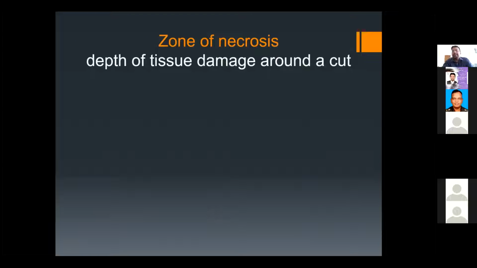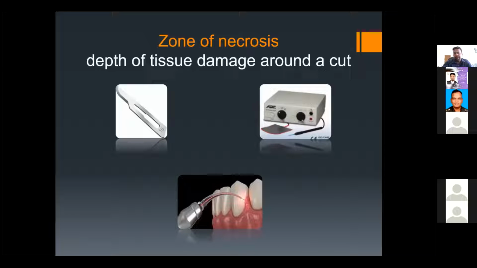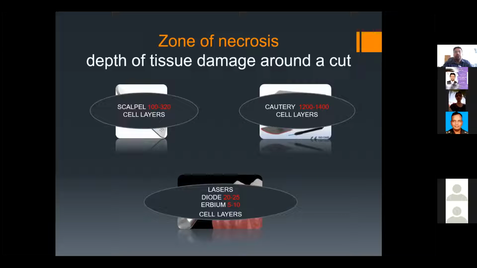Now let's see the zone of necrosis or depth of tissue damage around the cut. We have an option of performing the surgery in three ways. One is the conventional method, that is scalpel blade, another is electrocautery, and third one is lasers. Now let's see the depth of tissue damage around a cut.